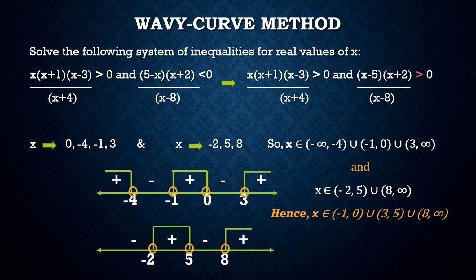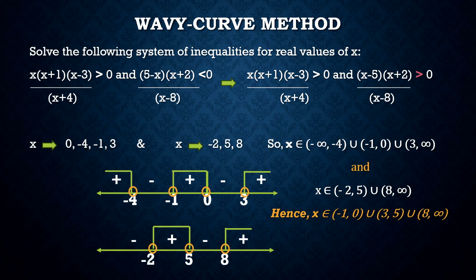Now start putting plus and minus signs from the right hand side. Since there are no squares, you don't need to change the signs. It will always alternate: plus, minus, plus, minus, plus. Now you have to consider plus for greater than type of inequality.